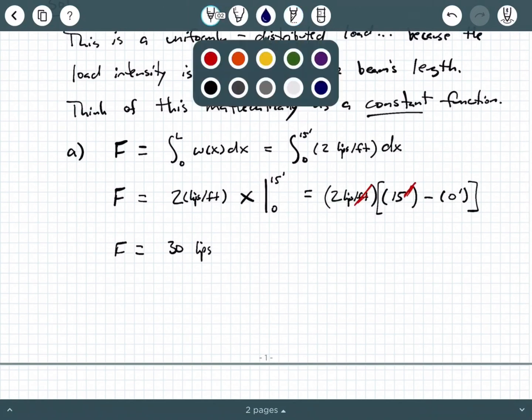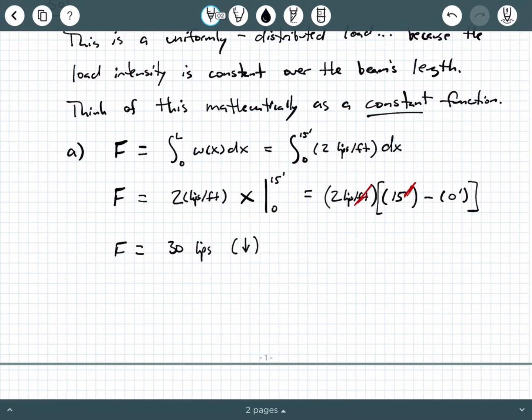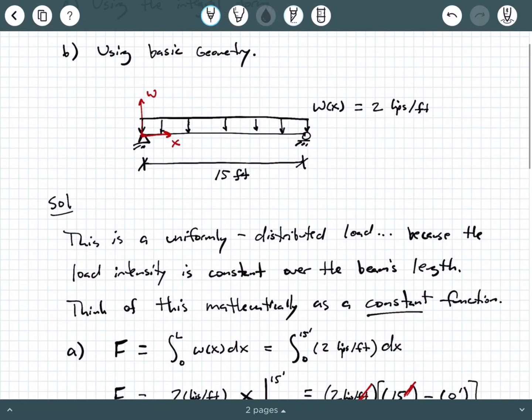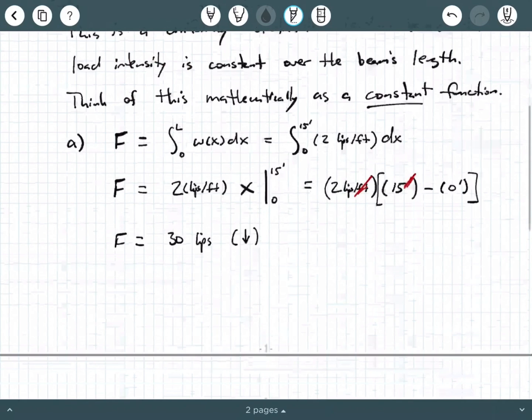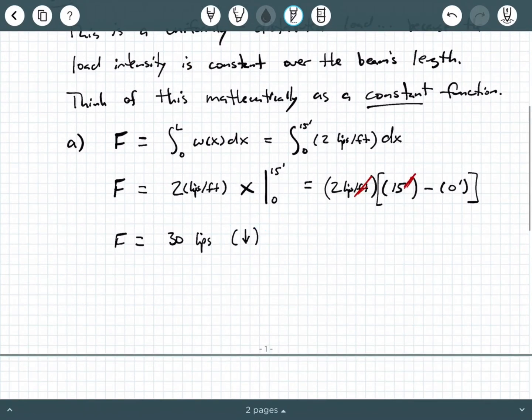But then at the end of it all, I put a downward arrow, because even though I'm taking this as a positive constant, it still physically represents a distributed load acting on a member, and that load is pointed downwards. So I will put a downward arrow here.